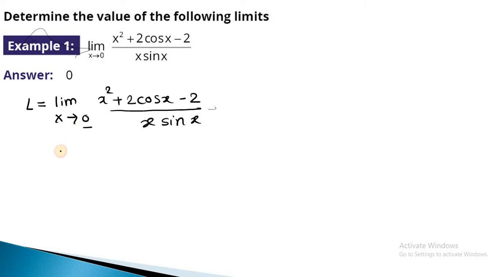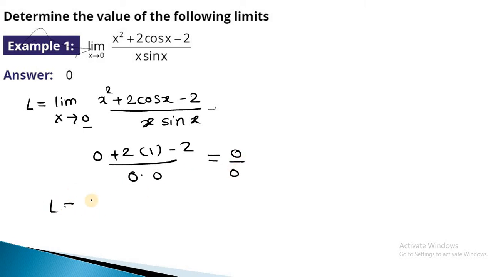Now substitute x is 0. So numerator is 0 plus 2 times cos 0, which is 1, minus 2, constant, upon x is 0, sin 0 is 0. 2 minus 2 is again 0. So it is 0 by 0 form. So L is 0 by 0 form. We can apply L'Hospital rule.